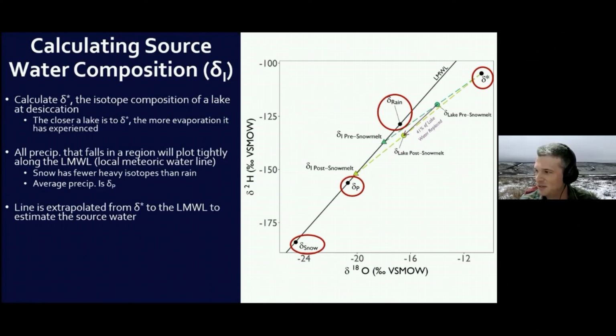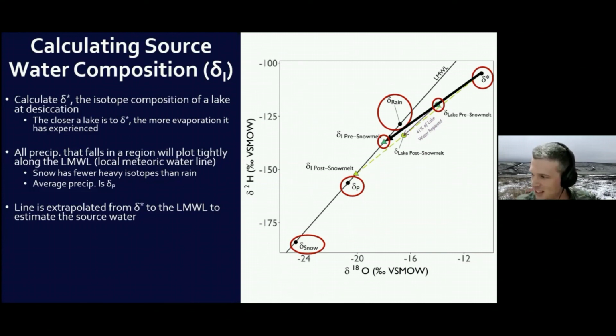So if we want to know the average water source in a lake, all we have to do is extrapolate from delta star through the isotope composition of that lake in this plot until it intersects with the local meteoric water line. Here we're getting a water source that's pretty close to that of rain.